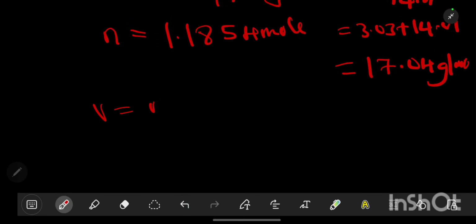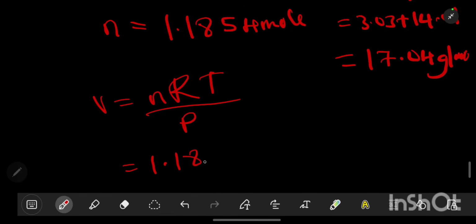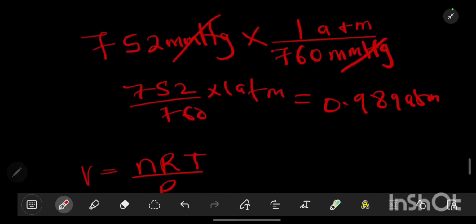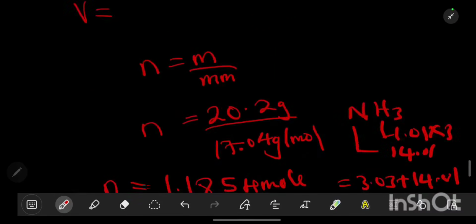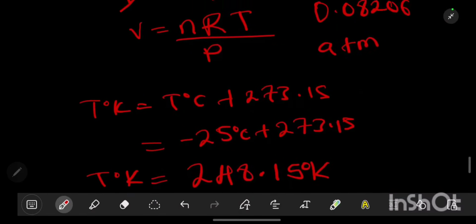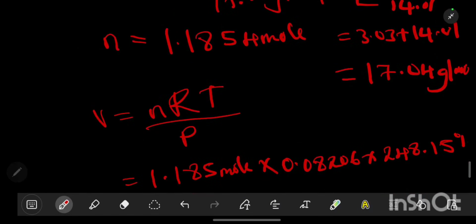So with this number of moles, we are going now to replace in the volume equal to nRT over our pressure. The number of moles is 1.1854 moles times the gas constant, which is 0.08206, times our temperature, which is 248.15 kelvins.